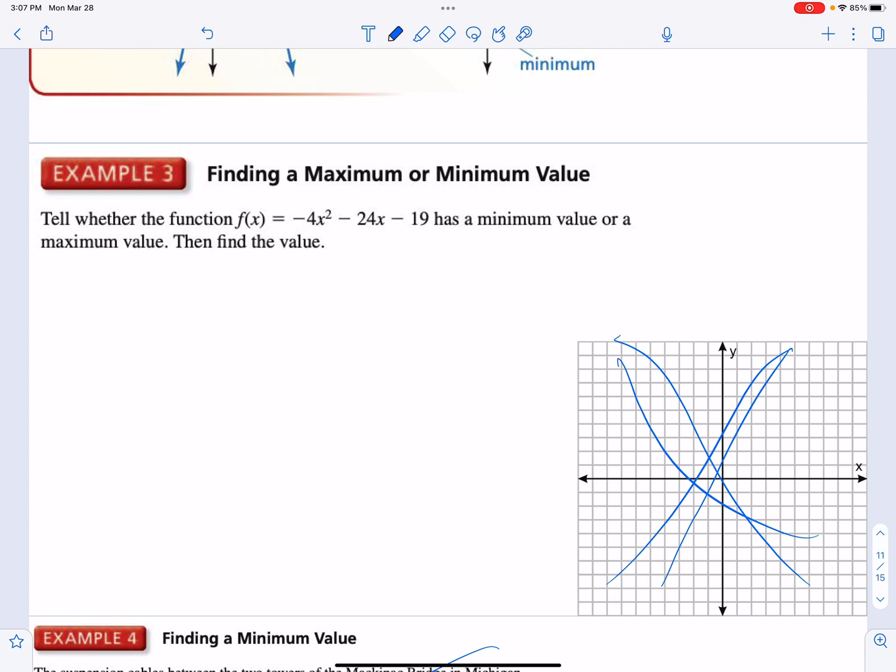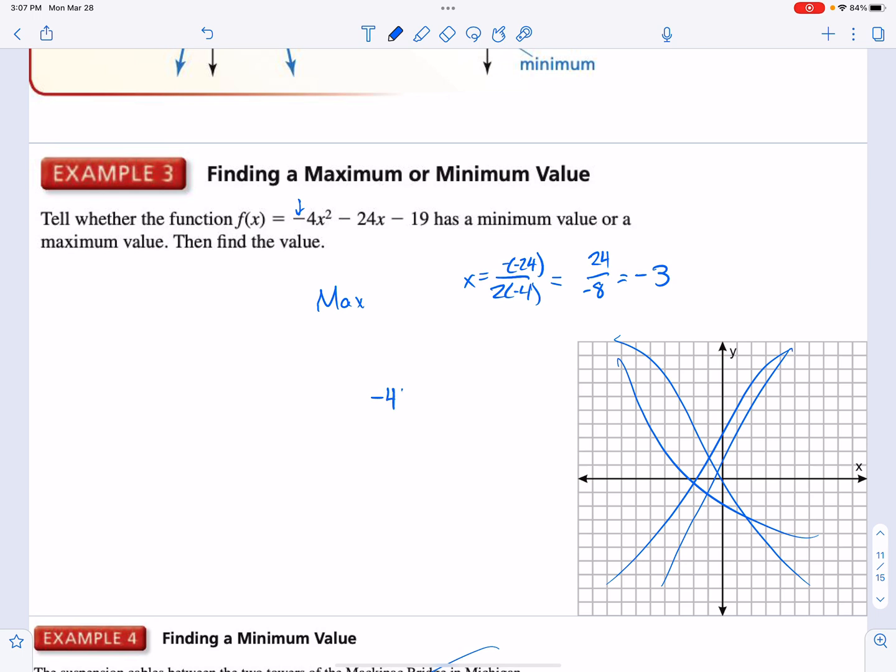So here, again, we don't even need to graph. We say, okay, here's our sign. It's opening down. We have a max. And then we plug it into the function. X equals negative 24 over 2 times negative 4. So 24 over negative 8, which is negative 3. And then I plug negative 3 in.